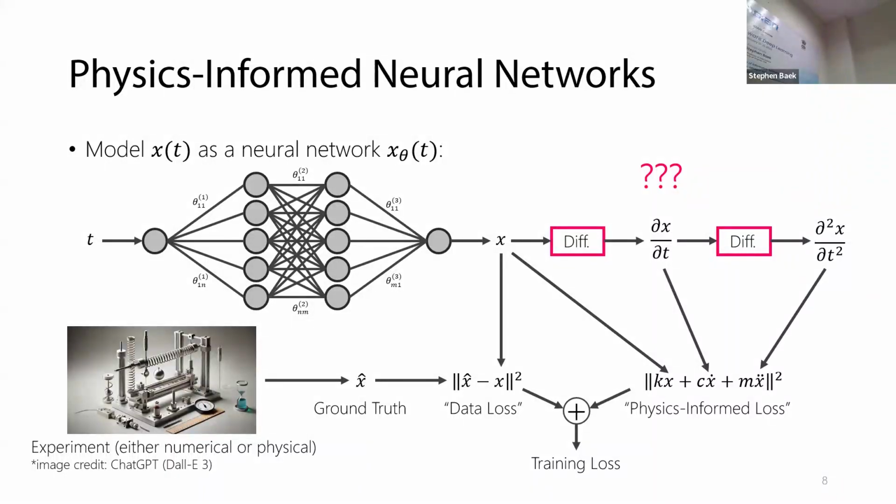And remember that for the evaluation of the physics-informed loss, you do not need the ground truth, okay? For data loss, you needed to evaluate the x hat. You needed to have the x hat to define the loss term itself, and you needed a ground truth. But in case of physics-informed loss, there's no ground truth. You just need to take the derivative of the neural network, construct the equation, flow all the collocation points through that neural network, evaluate the PDE residual or the residual of the governing equation, and that is all you need.